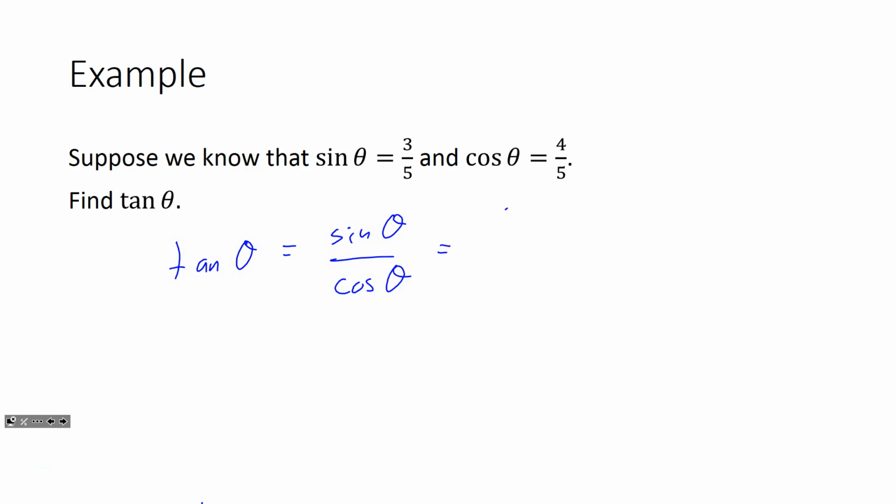Plugging in these values we're given, we would have 3/5 over 4/5. To simplify it, we take the 3/5 and multiply by the reciprocal of the denominator, 4/5, which would make it 5/4. These 5's will cancel, and so our tangent of theta equals 3/4. An easy problem to solve, provided we knew that last identity.